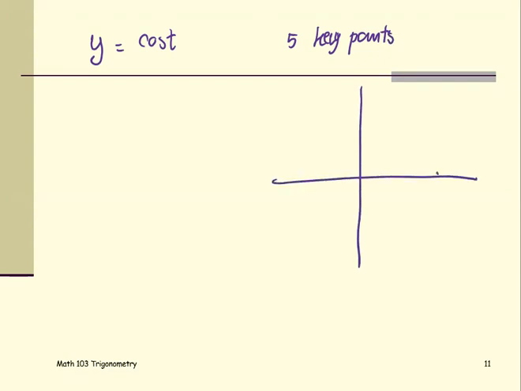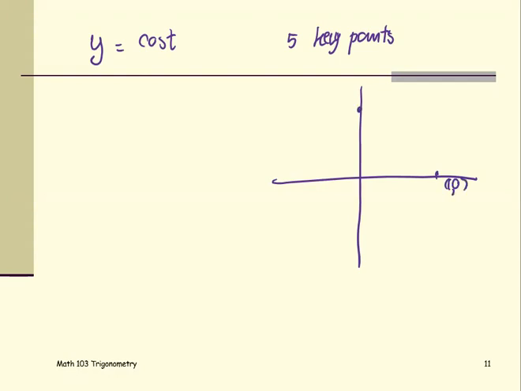To sketch the graph of y equals cosine of t, where t is an angle, we use the 5 key points, similar to the way that we used to sketch the graph of y equals sine of t. For the unit circle, at an angle 0, the coordinate is (1, 0).